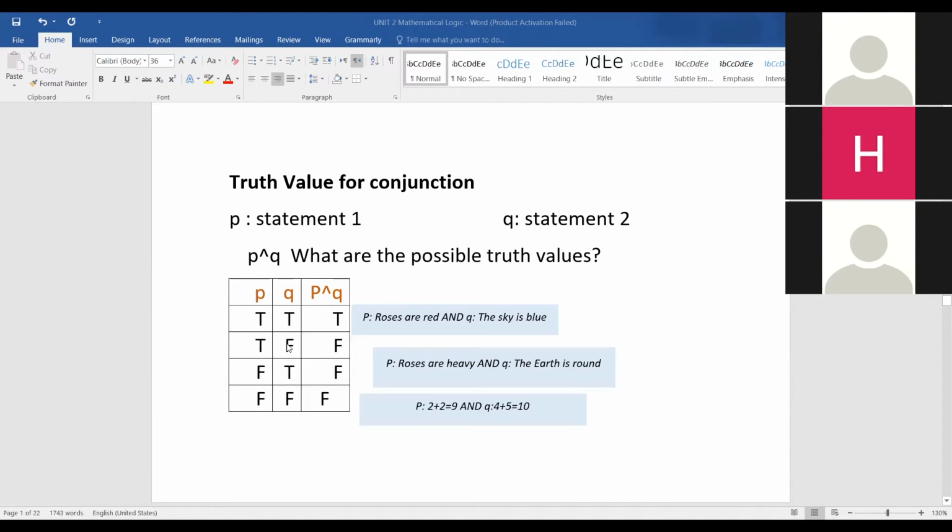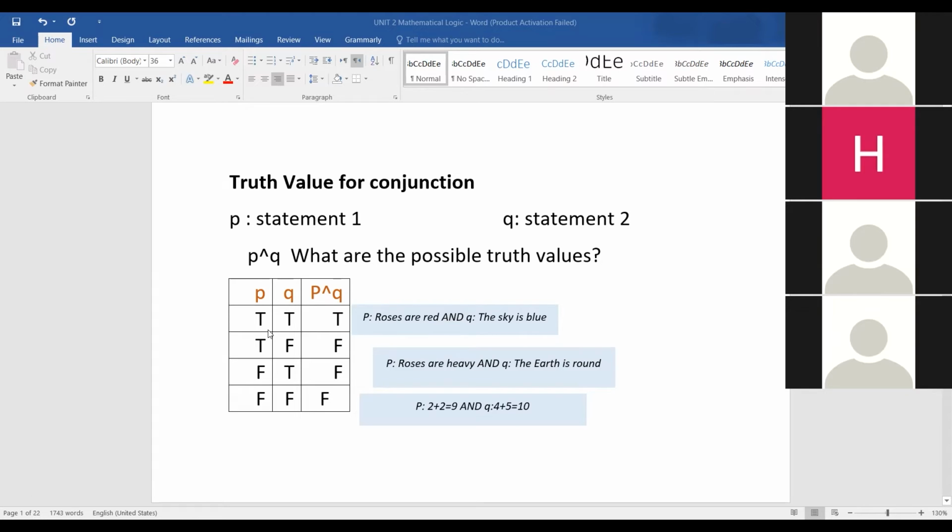One could be true, the other false. One could be false, the other true. Or both of them could be false. When we say conjunction and, both of them have to be true for the conjunction to be true.